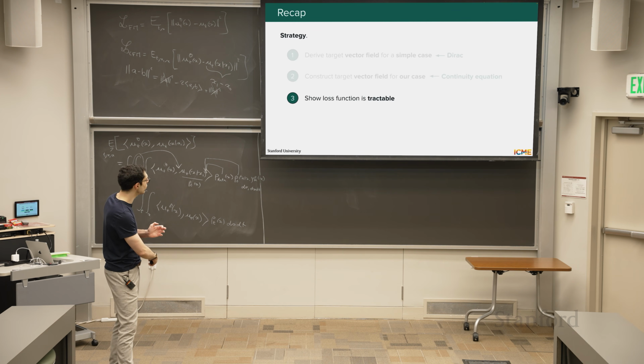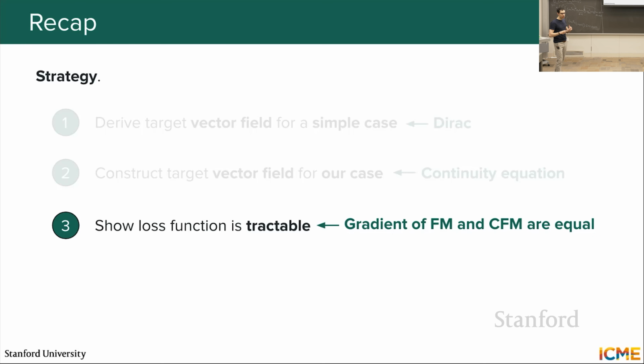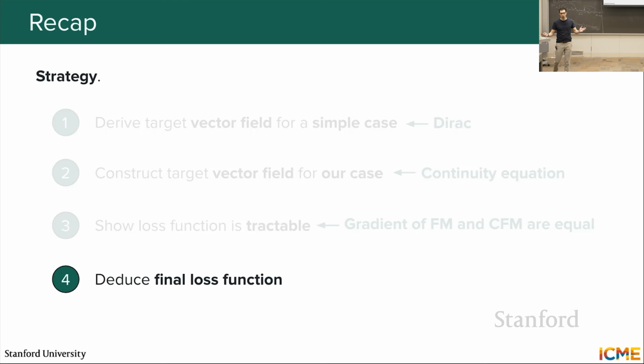And the way we showed that was by showing that the gradient of these losses with respect to theta were equal, which is what I did here. And then finally, we have our final loss function, which is the expectation of ut theta of x minus (x1 minus x0).